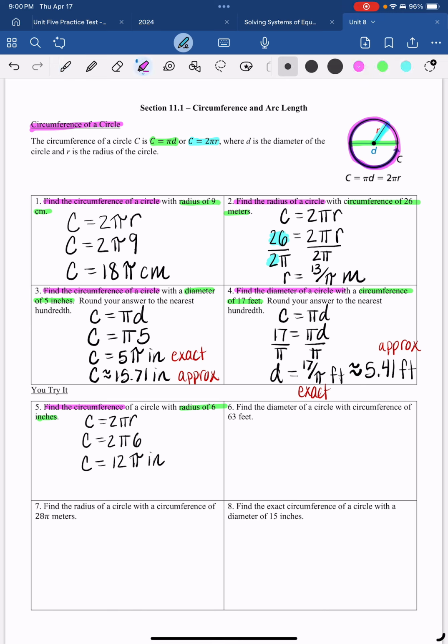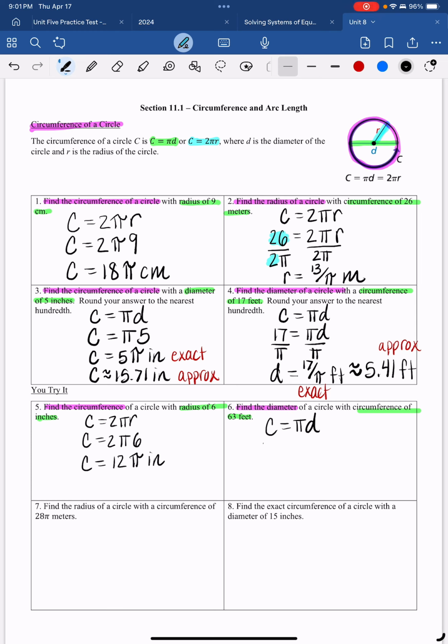In our next example, we needed to find the diameter of a circle with a circumference of 63 feet. So if we need to find the diameter, we're going to be using the formula circumference equals pi d. We're finding the diameter, so we don't know d.